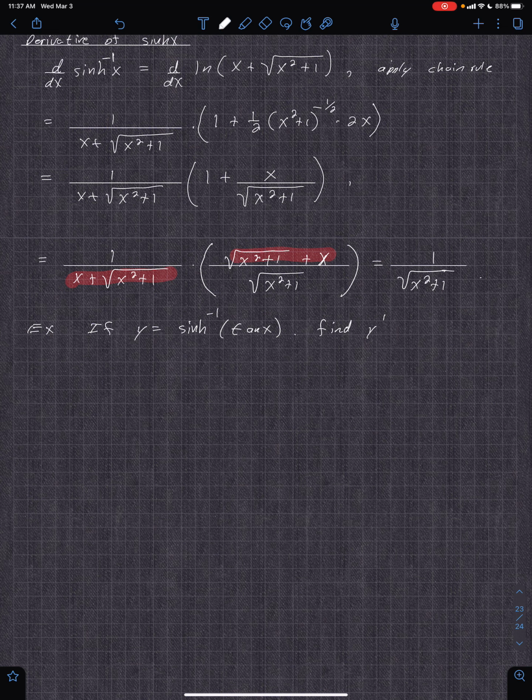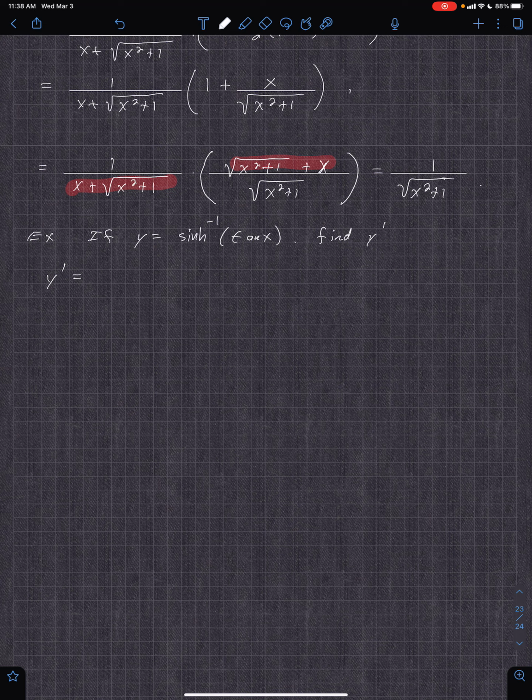That's your question here. So y prime is equal to, so now the derivative of sinh inverse is that form. So you get now 1 over the square root of, but then this needs to be tangent squared x plus 1. And so now we can apply an identity for tangent squared x plus 1.